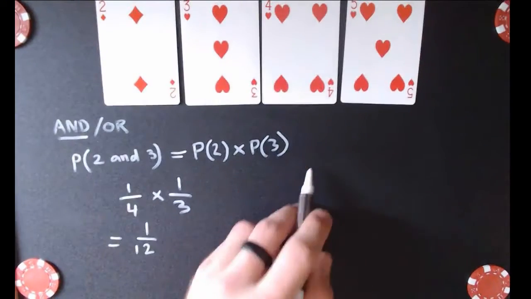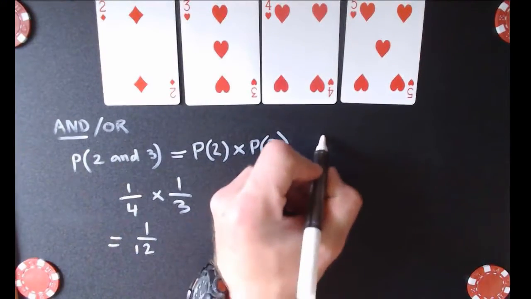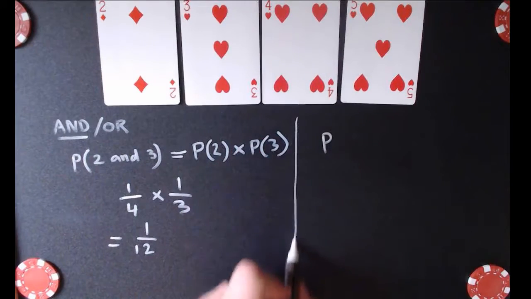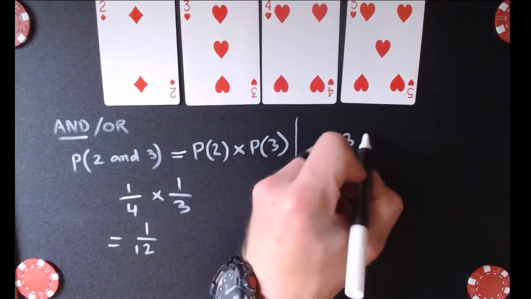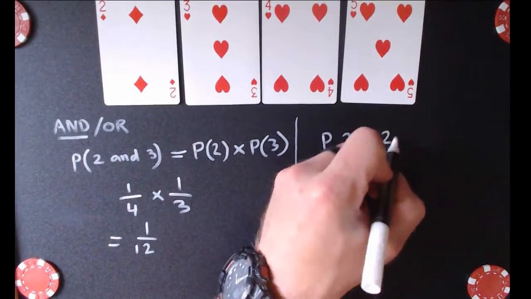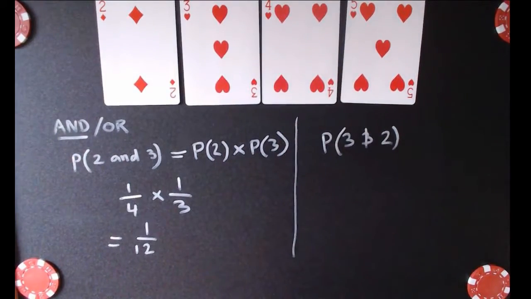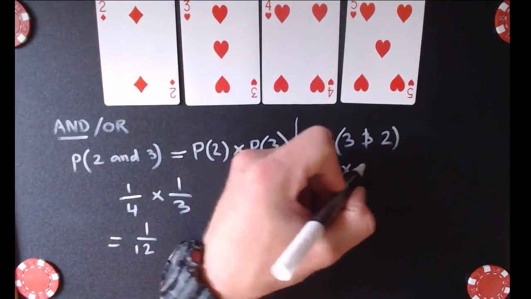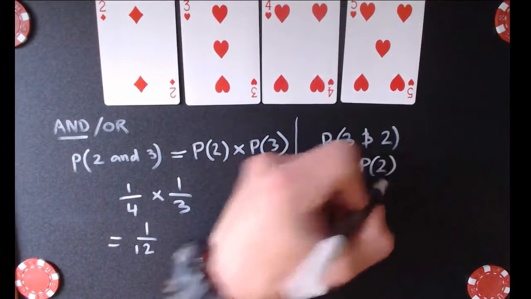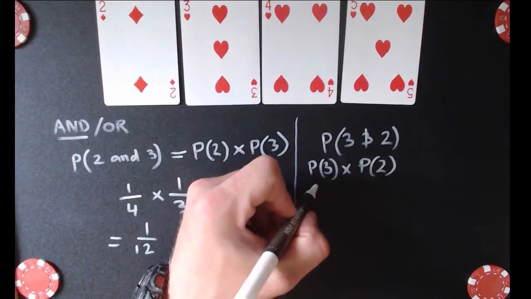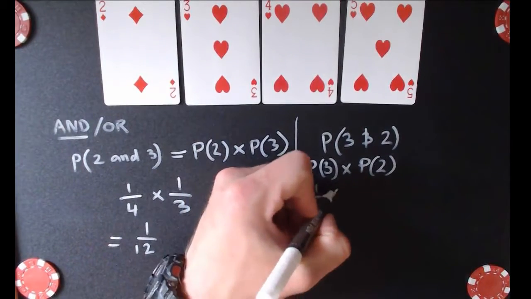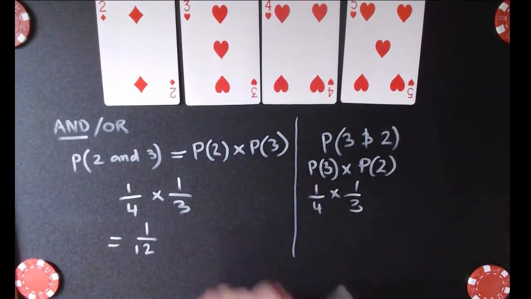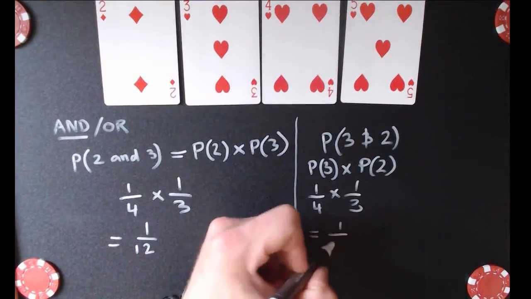But equivalently, I could say, well, what about the probability of a 3 and then a 2? Well, that's the probability of 3 times the probability of 2, which is 1 over 4 times 1 over 3. So that gives me also 1 over 12.